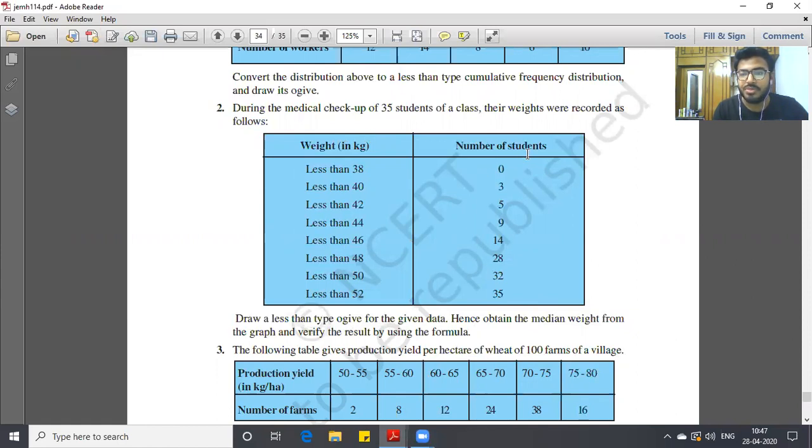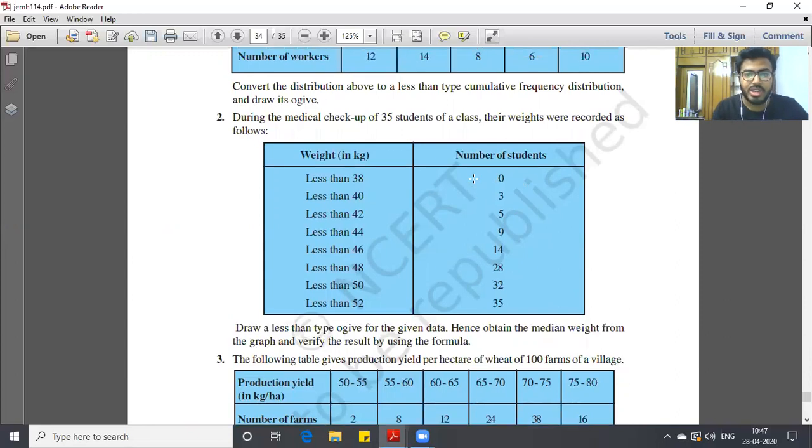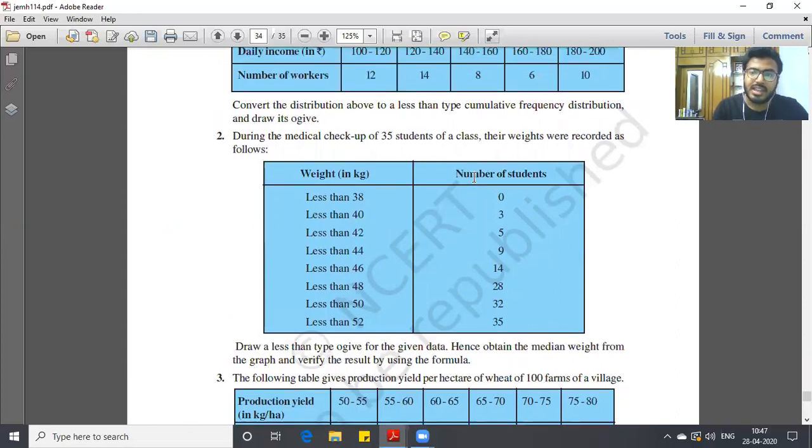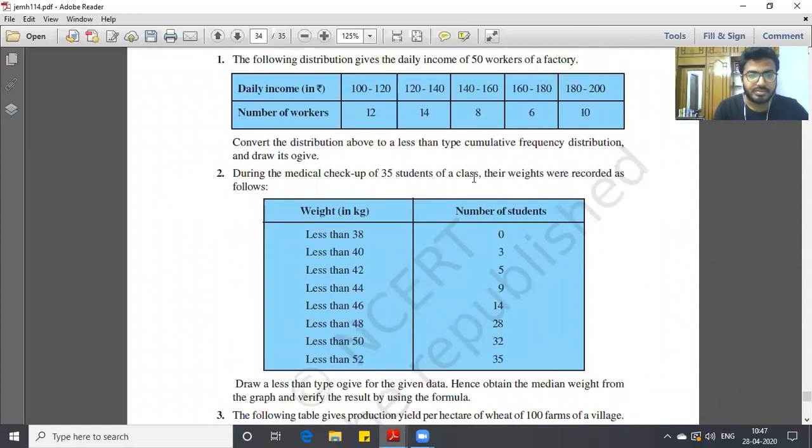Now look, what will you do here? You do not do 0 minus 3, you do 3 minus 0, second minus first. Then 5 minus 3, and that is how you get the classes. So arrange the classes and then find out the median.